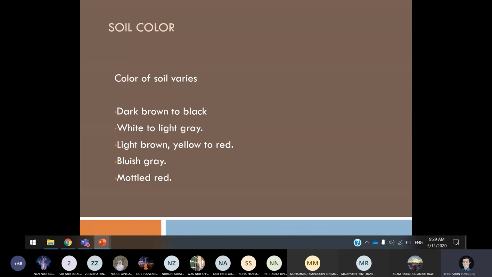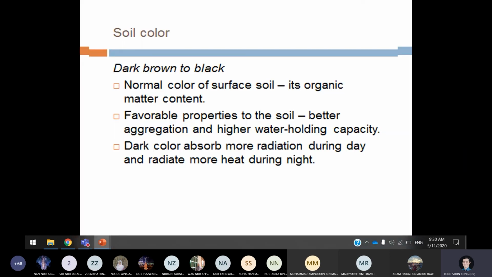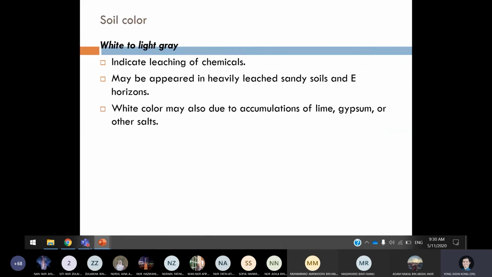Now there are other colors that you can find here, which are dark brown to black, white to light gray, red, bluish gray, mottled red. So yeah, dark color is associated with organic matter. What I'm trying to show you is what happens if you have gray color. Now, gray color is dark plus white.